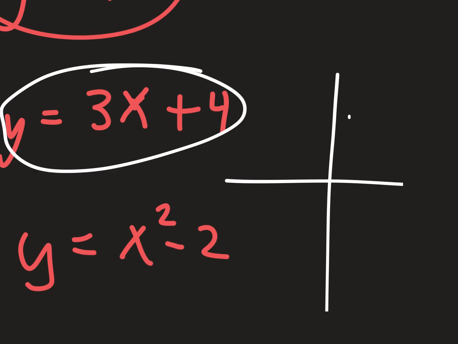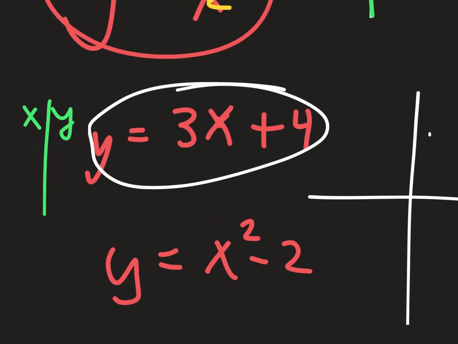But I guess if you were just completely stumped, an XY chart would work. Stick in x is 0 and you get 4, aka the y-intercept.